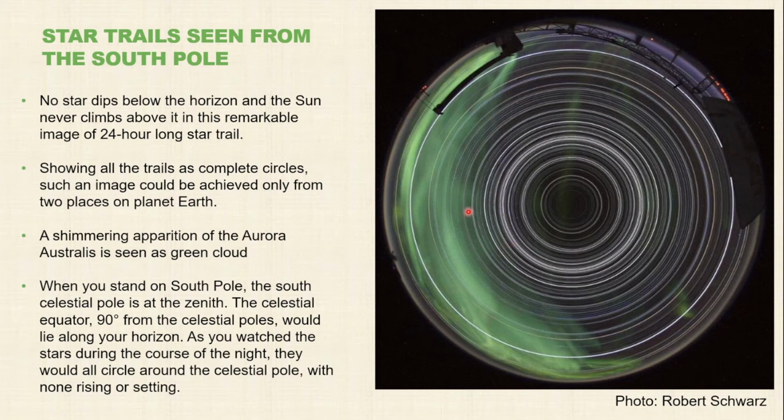And when the charged particles hit the atmosphere, the atoms and molecules there get ionized, and during that ionization process it produces these lights of different colors.